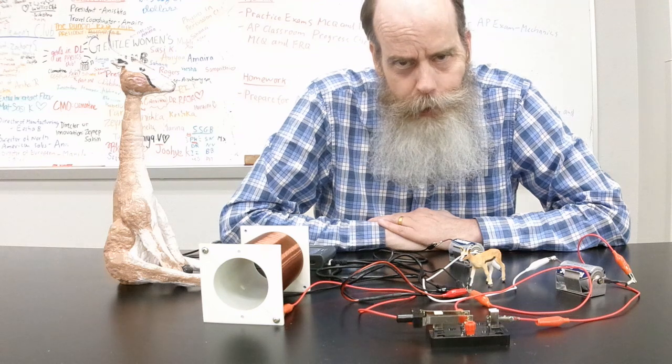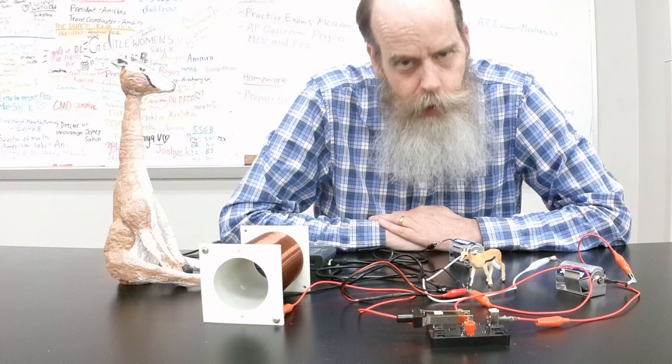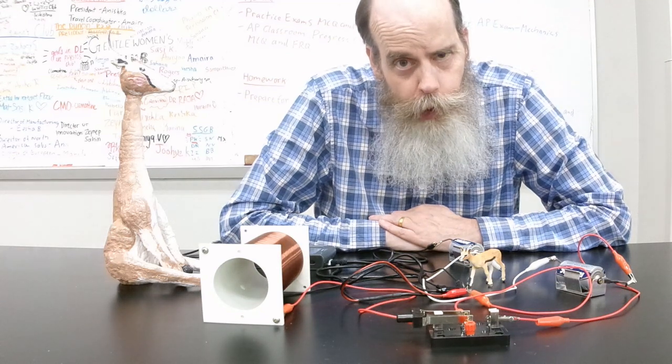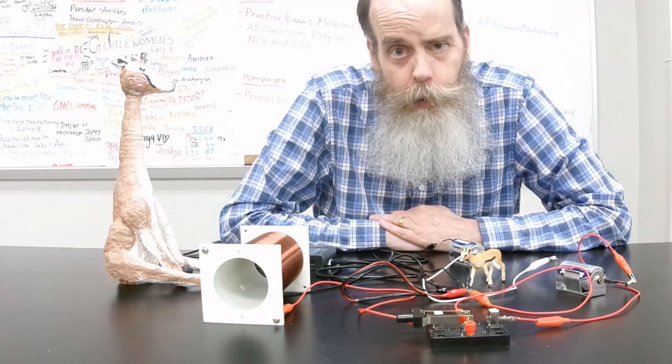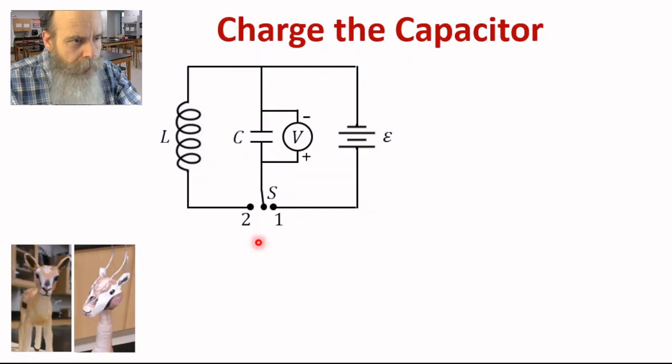Before we begin measurements, let's look at the theory of this circuit and try to predict what the voltage across the capacitor will be when the switch is in those two positions. At the beginning of the experiment, the capacitor is fully uncharged. Then the switch is moved to the right to position 1, connecting it to the batteries. When this happens, current starts to flow.